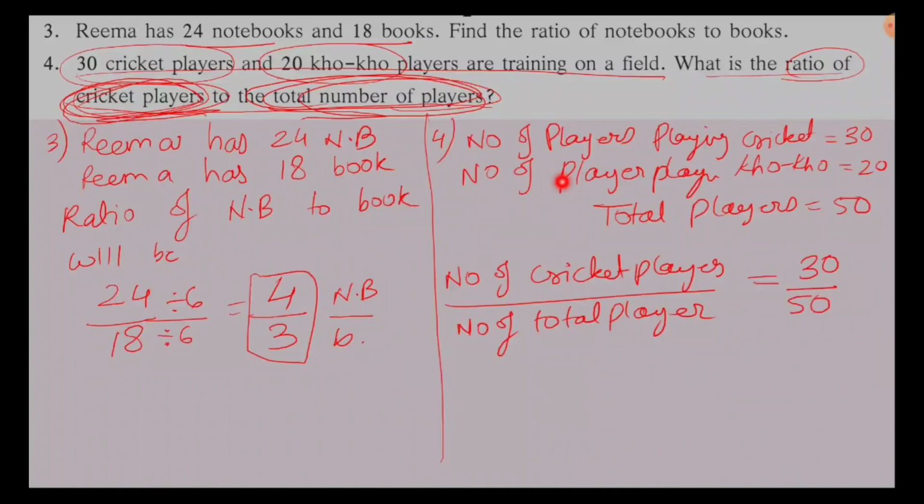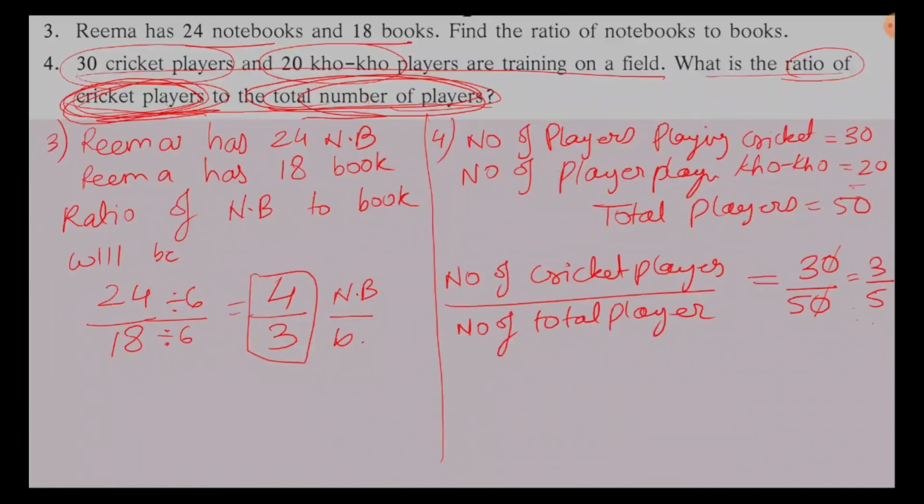Most of the students divide here with 20, that is number of kho players, but we have been asked about total number of players. So the zeros will be getting cancelled easily, and your answer will be what? 3/5. The ratio of cricket player to the number of total players will be 3/5.